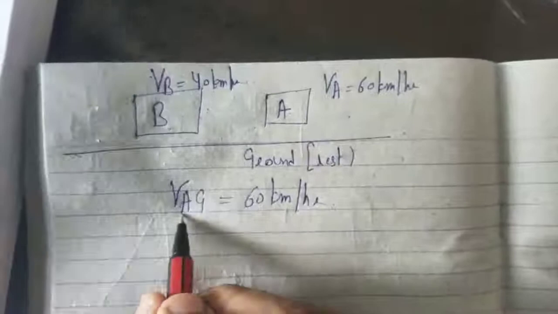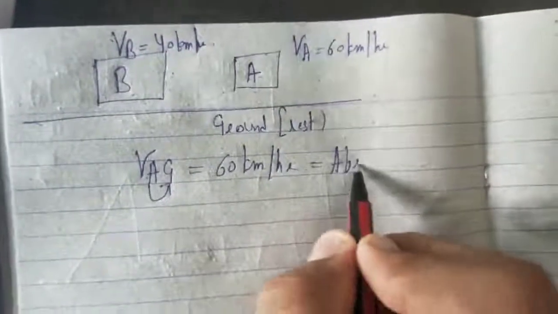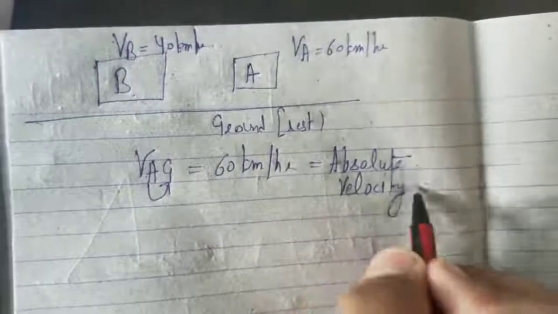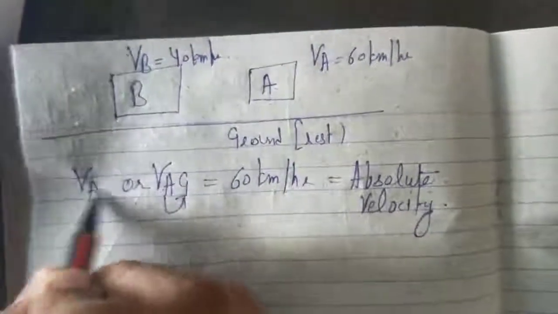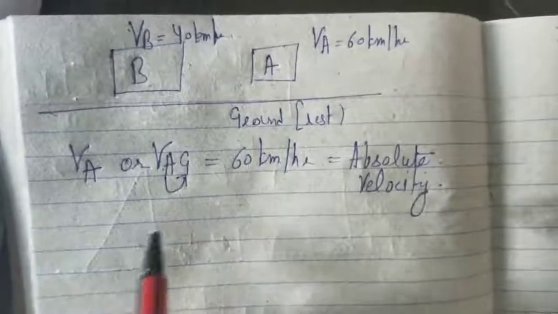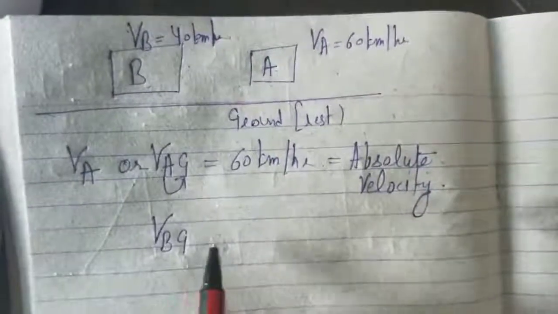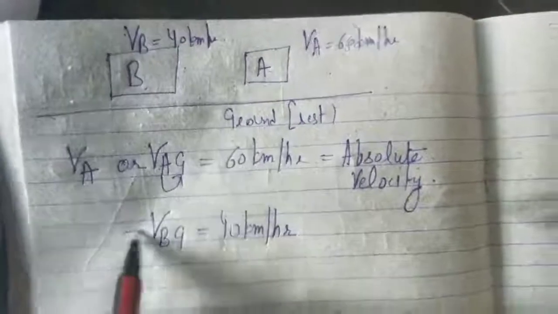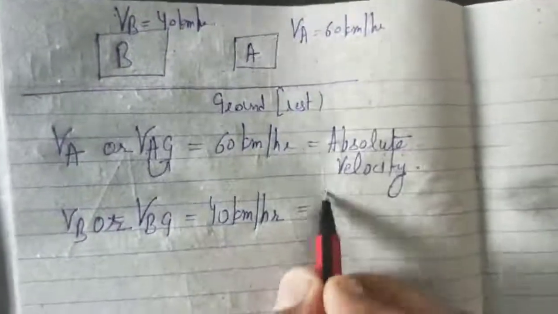So the velocity of A as seen by the ground is known as absolute velocity, VAG. The velocity of B as seen by the ground is 40 km per hour, and this is also absolute velocity.